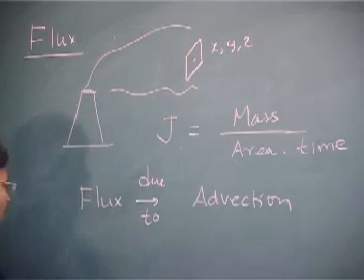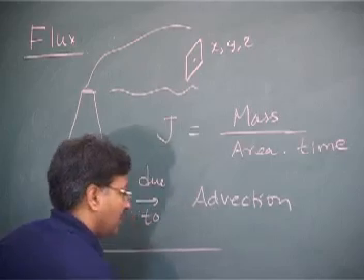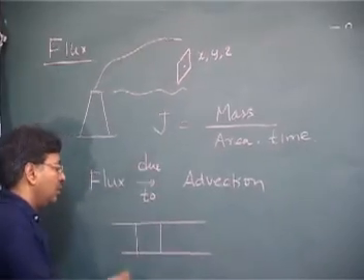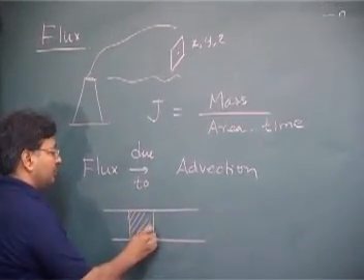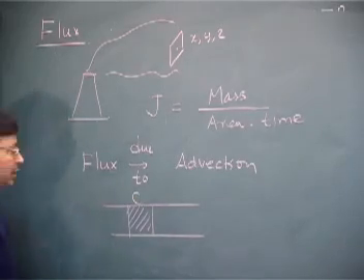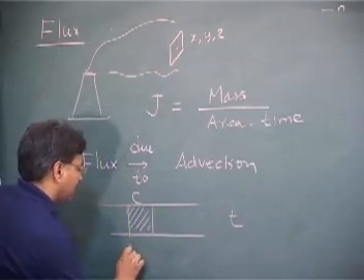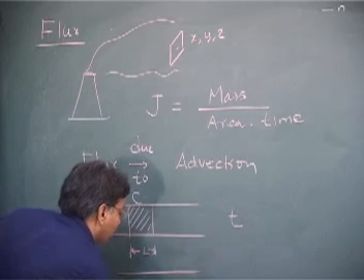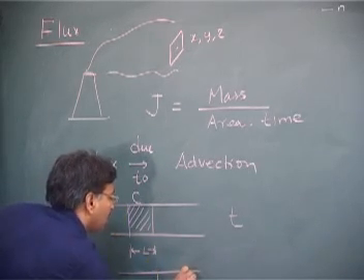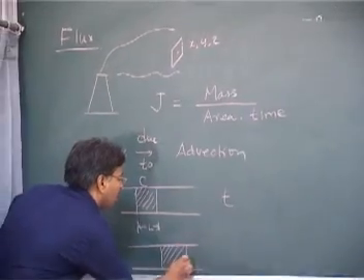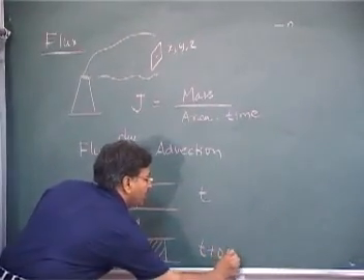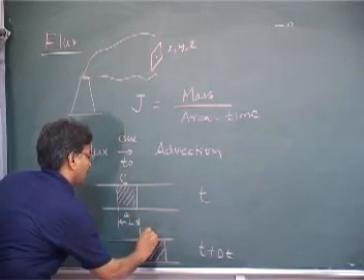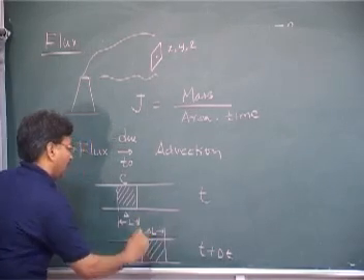Suppose there is a pipe, we are just going through the definitions right now, and you are looking at this strip which has a concentration C at time t, and this length is L. After some time this has travelled, at t plus delta t, and this length is, let us call this delta L.